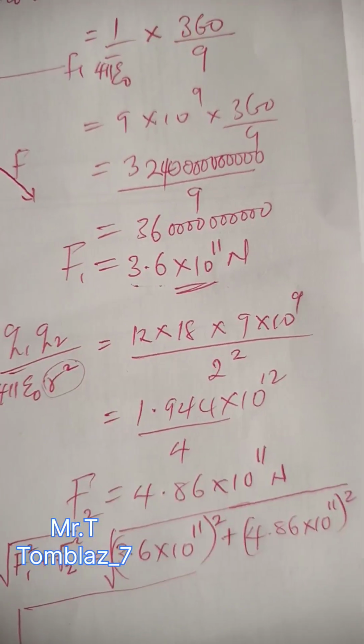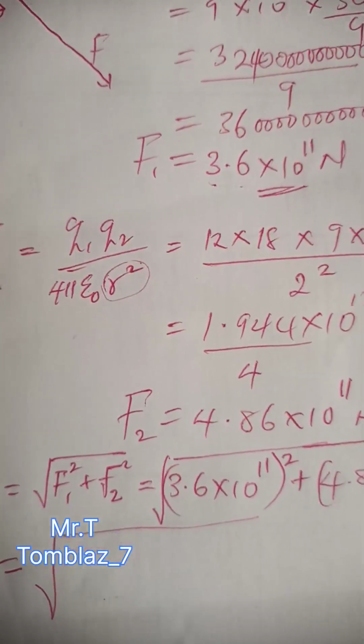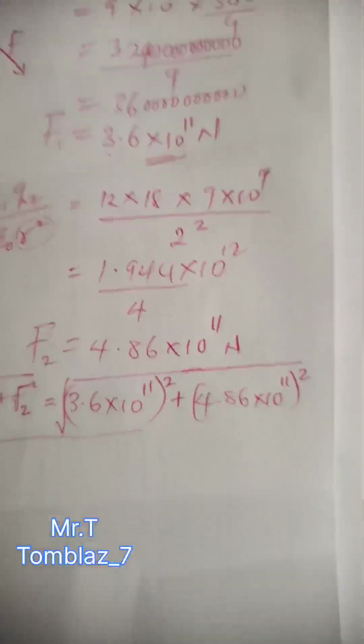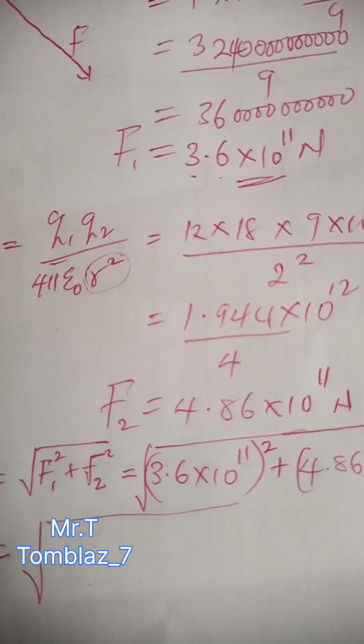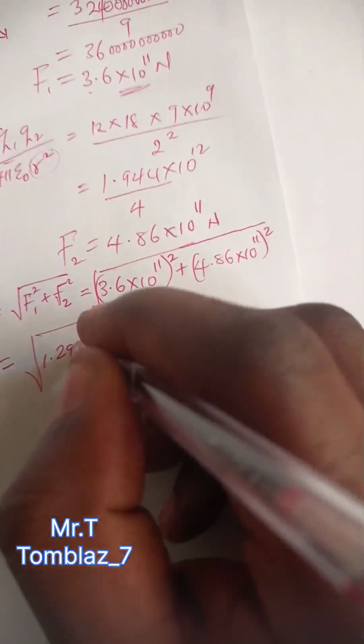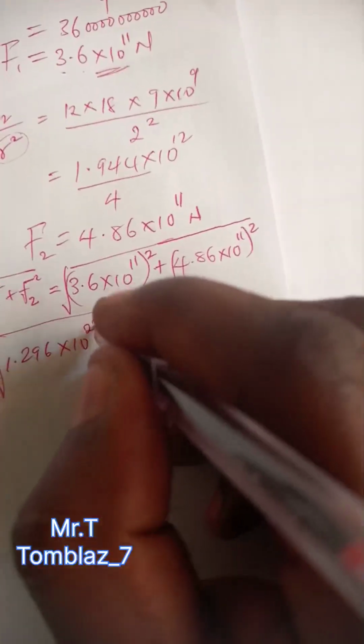When we square 3.6 times 10 to the 11, it's going to give us 1.296 times 10 raised to power 23.